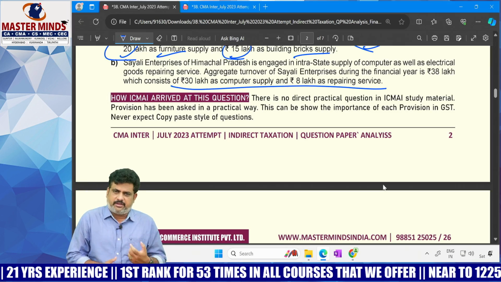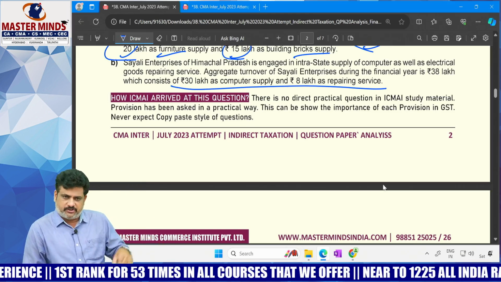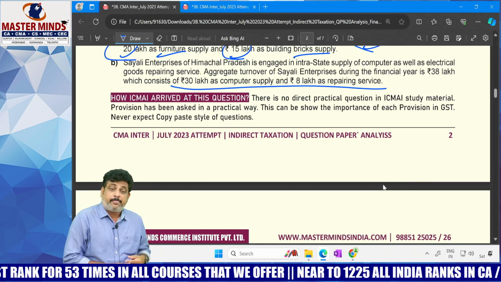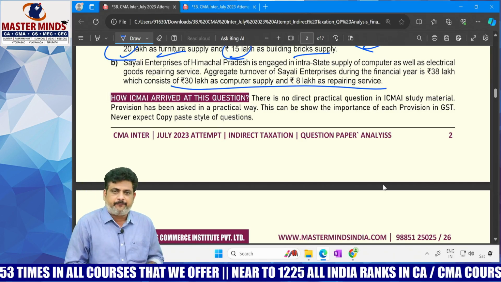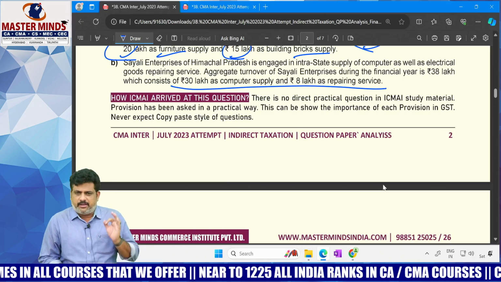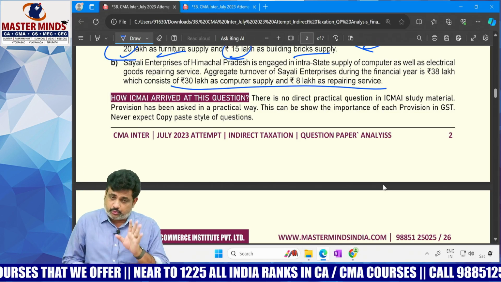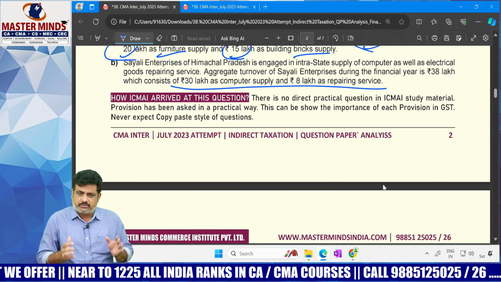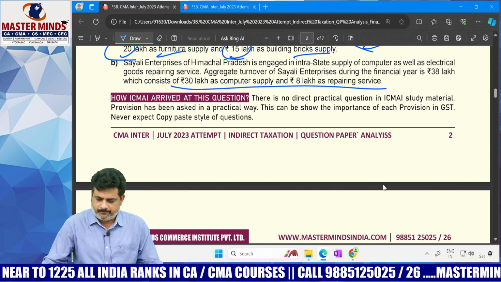But when there is a practical question which is not covered in your CMA study material, while it is covered under the provision, then definitely you need to learn that in a conceptual way. That's why each provision in GST is that important. That's why I told you so many times in the class, never expect copy paste style questions. This is an example for that.